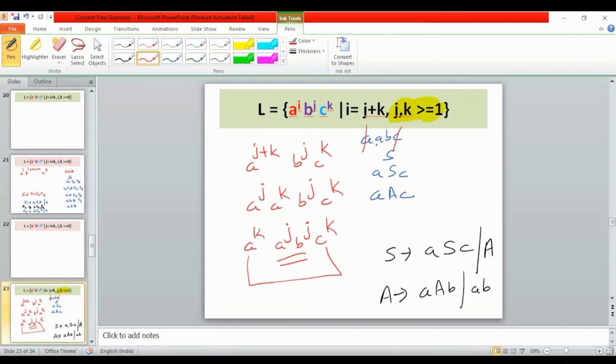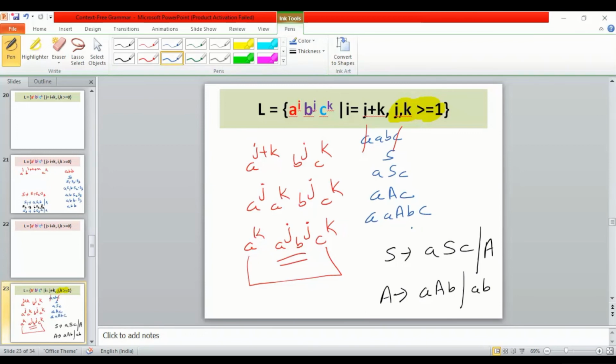Now I want to generate A and B, but this A and B is inside AC. So I will replace capital S with capital A, and then for capital A, we'll write small a, capital A, B, and C.